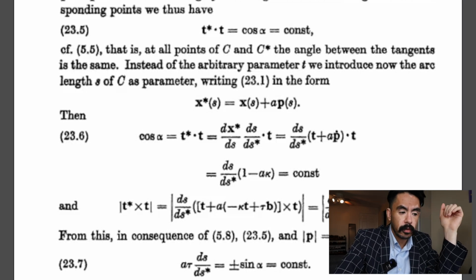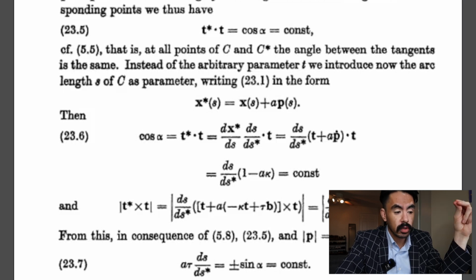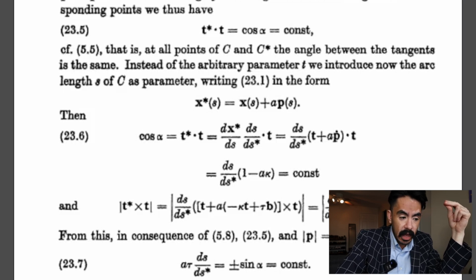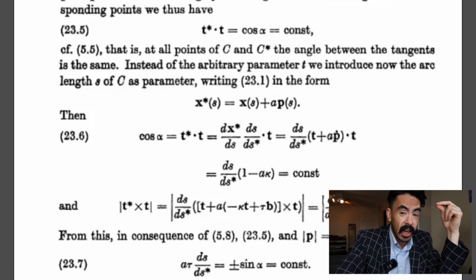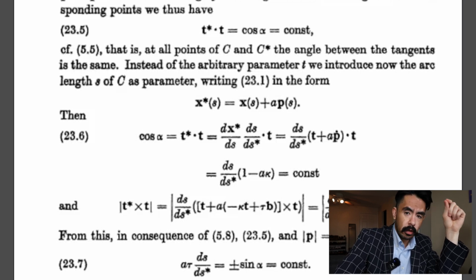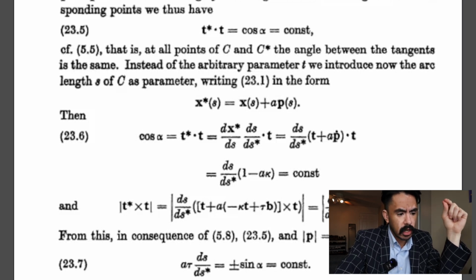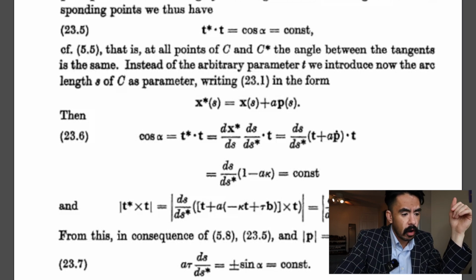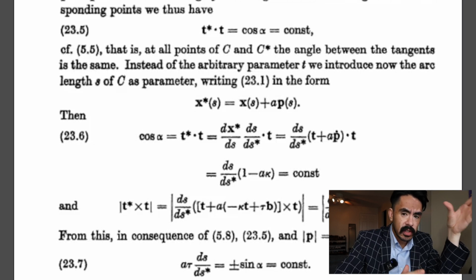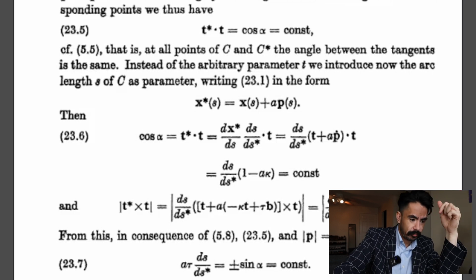Then cosine of alpha is equal to the scalar product of t star and t, which is then equal to dx star ds times ds ds star scalar product with the vector t, which is equal to ds ds star times the quantity vector t plus a times p dot, the derivative in terms of arc length of p, scalar product with t.